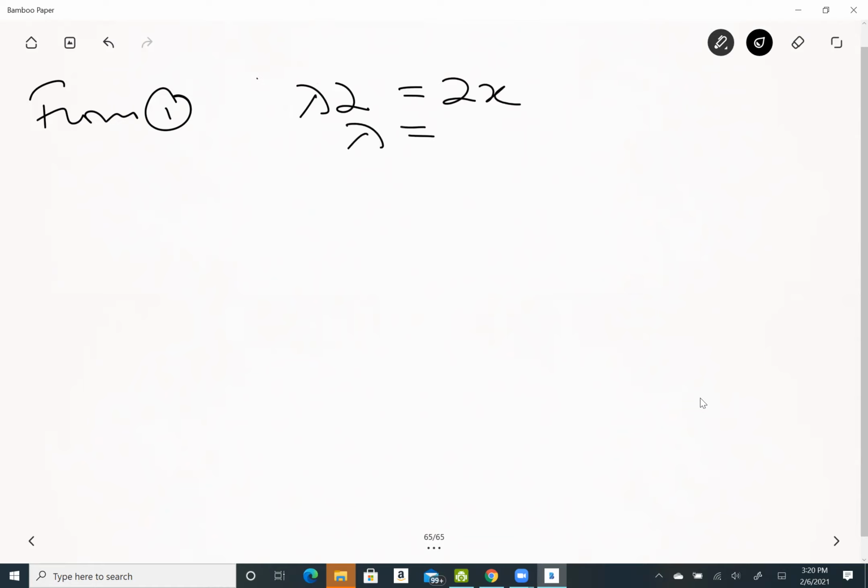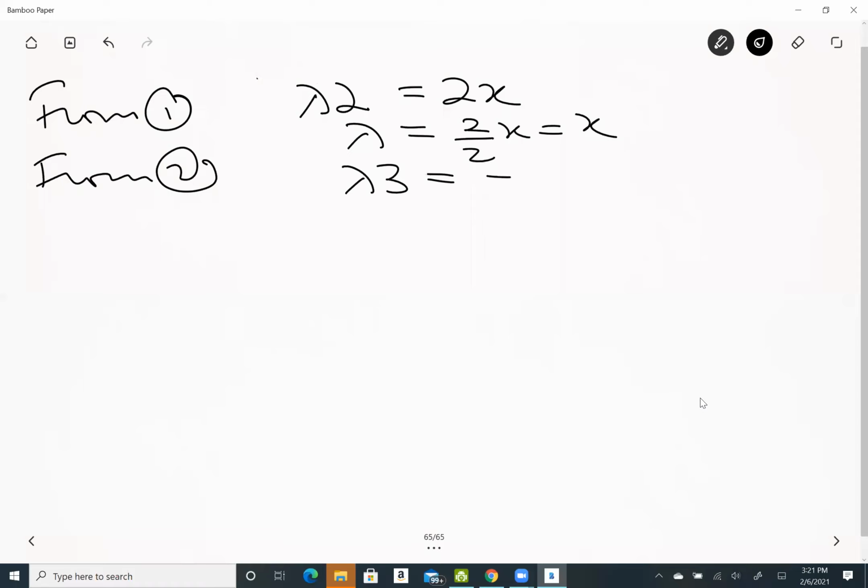So lambda is equal to 2x over 2, which is x. That's number 1. Number 2, I got 3 lambda equal to negative 2y.